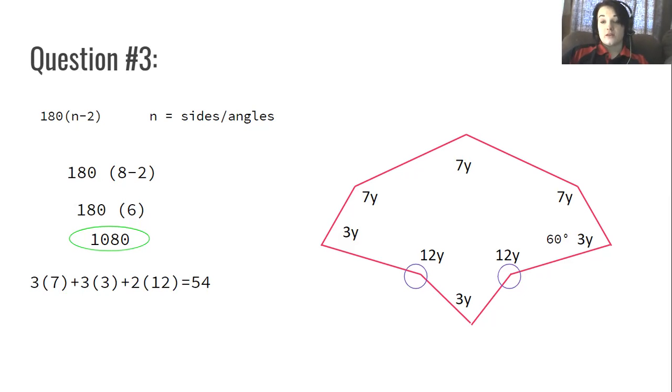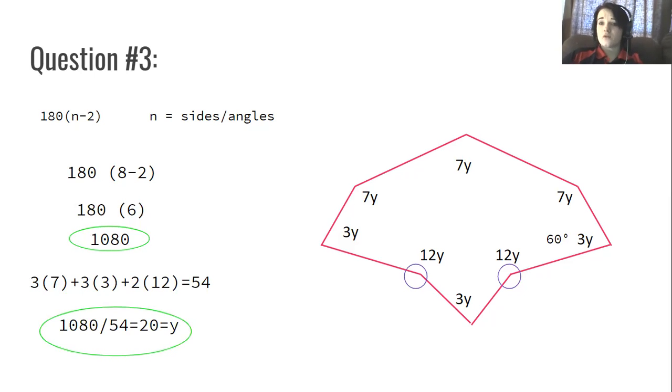So we're just going to divide 1080 by that, and that should give us 20. So every y that we have on our figure is going to be equivalent to 20, which means now we can solve for each angle.